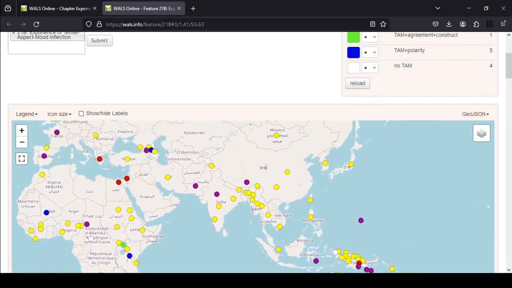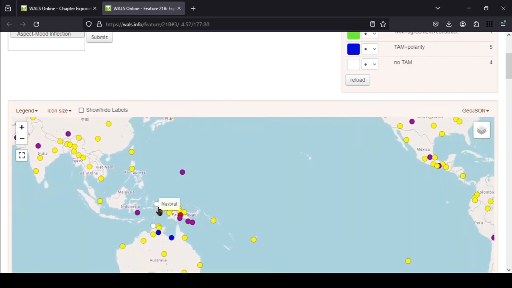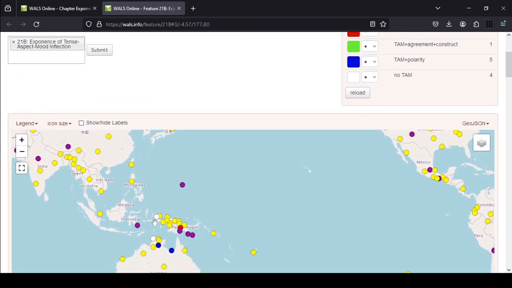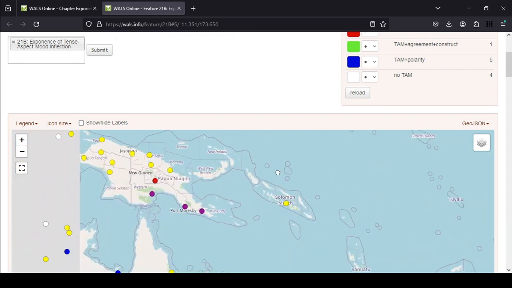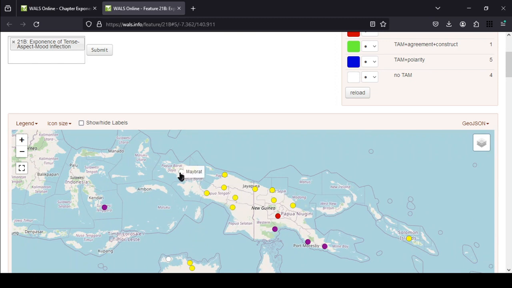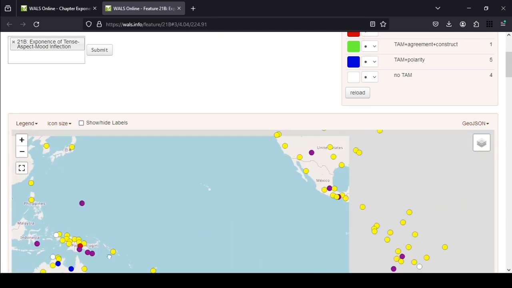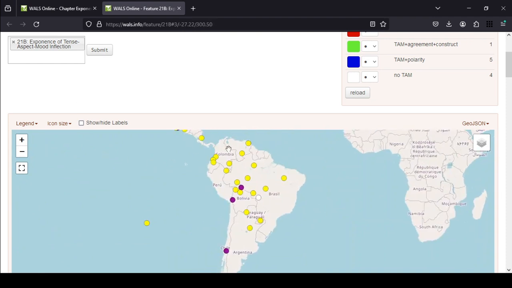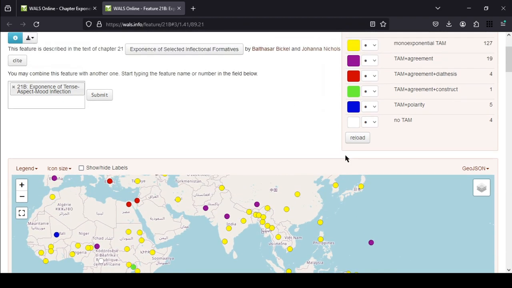We've got one right in the center of Africa, one on one of those islands, I think that's Papua New Guinea. Papua Barat Daya, specifically. One at the top of Australia, and one in the middle. There's one in the middle of South America, and one in the middle of Africa. It's pretty symmetric.